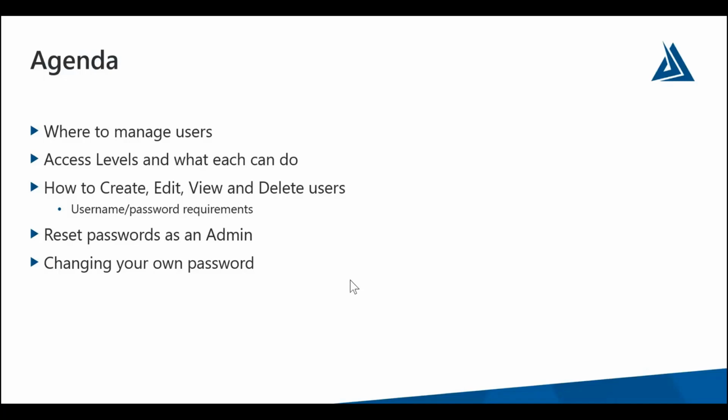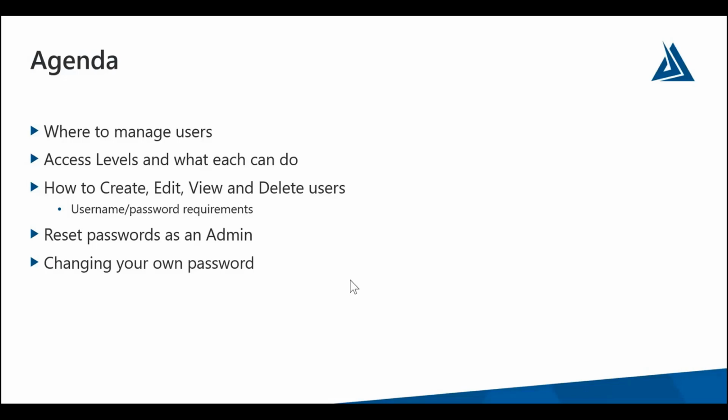So for today's agenda, we're going to start with where in Blue Triangle you need to go to manage your users in your account. We're going to talk about access levels, the different access levels we have, and what each one can do. We'll talk about how to create, edit, view, and delete users.